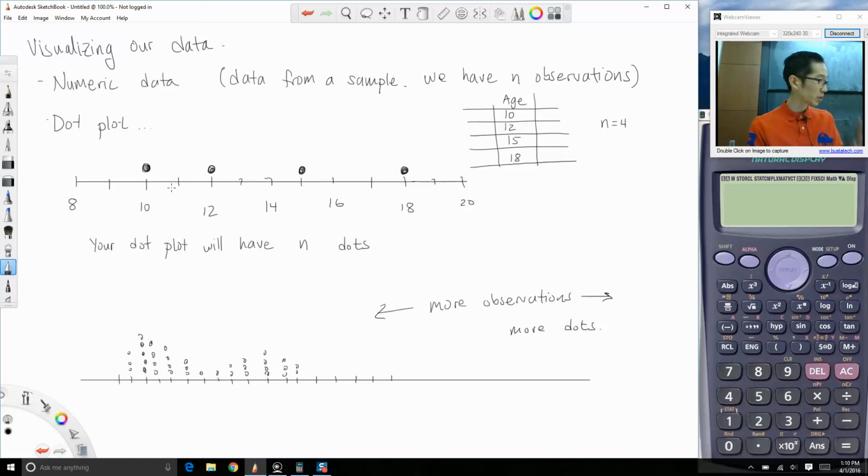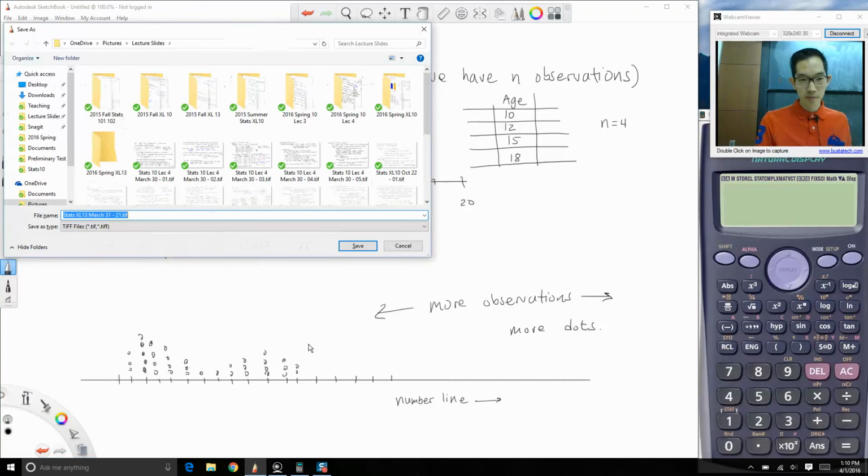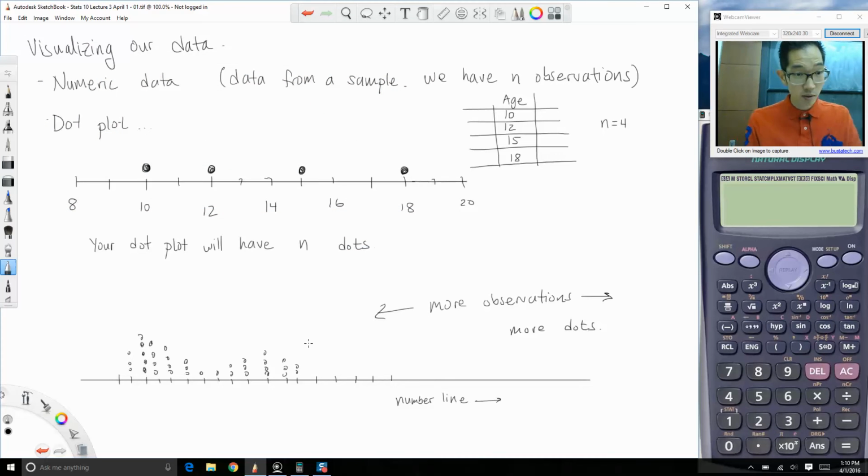And basically you just put a dot, you have a number line along the bottom. And you just draw dots at the locations where you have data. So far, so good? Okay.